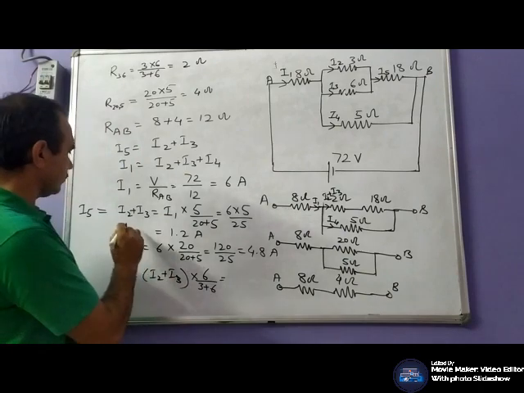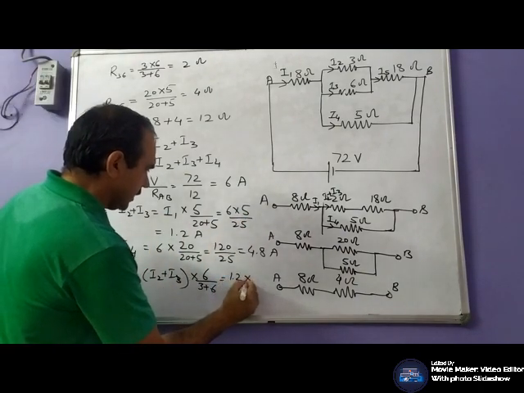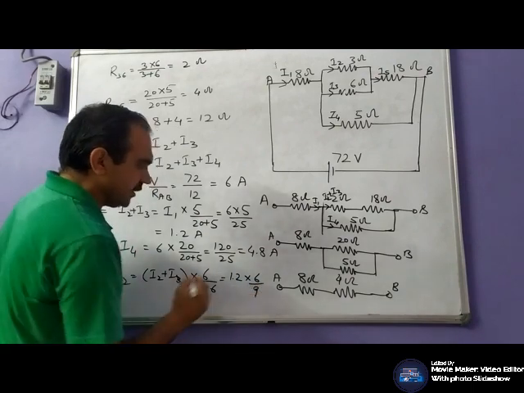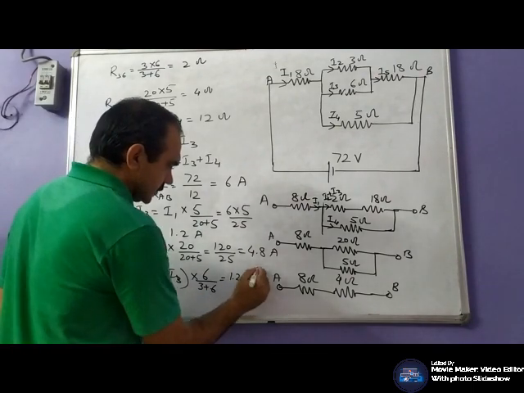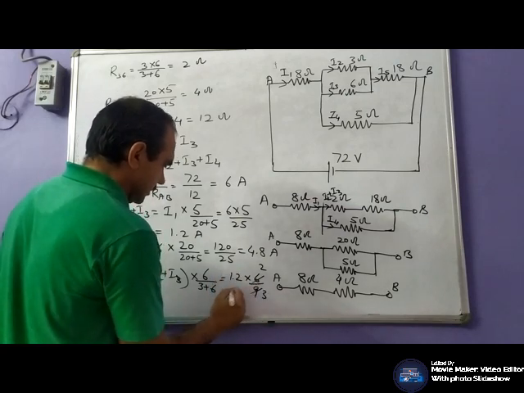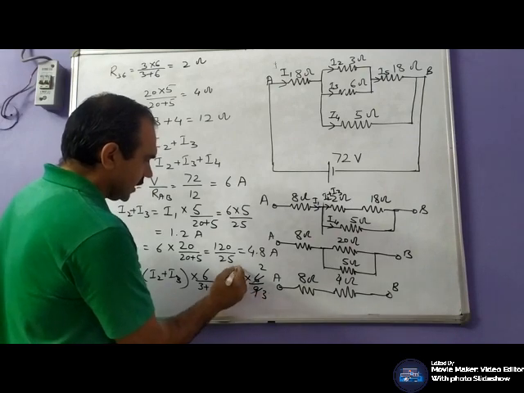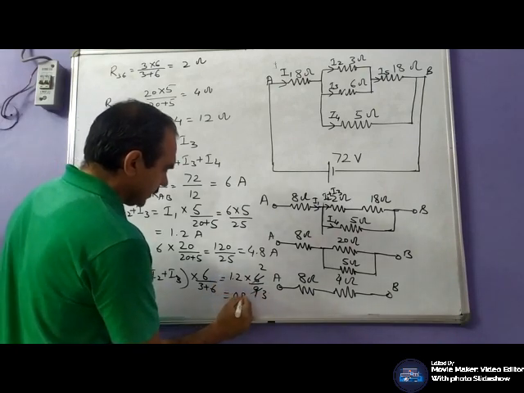That is, I2 plus I3 was 1.2, so 1.2 into 6 by 9, which would be 0.8 ampere.